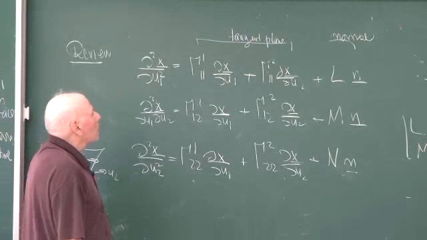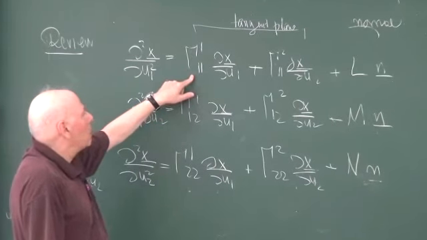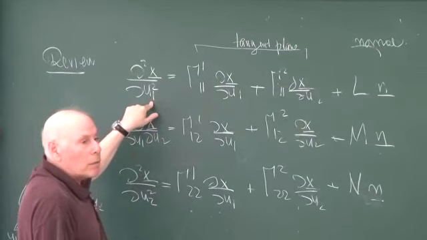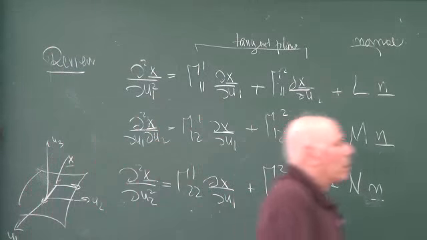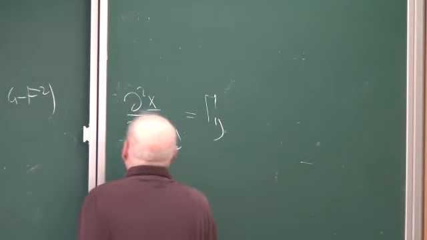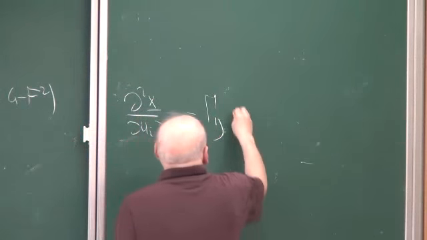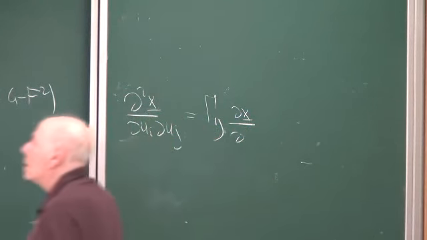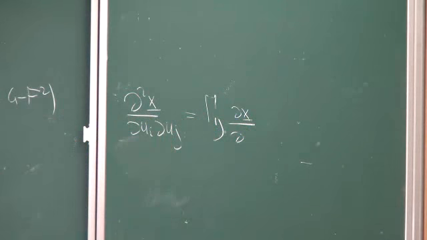And then this guy is always the same as the derivative, so it's just gamma ij, multiplying the partial of x, and now it's 1, 2, 1, 2, so those agree.